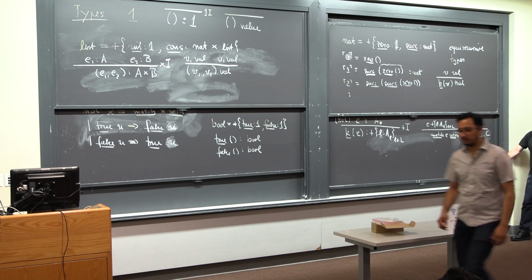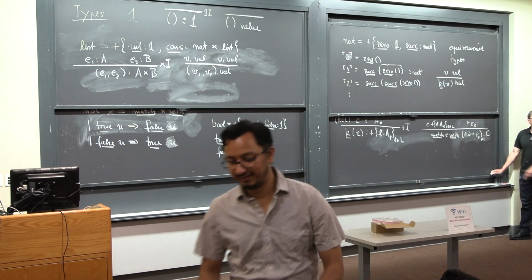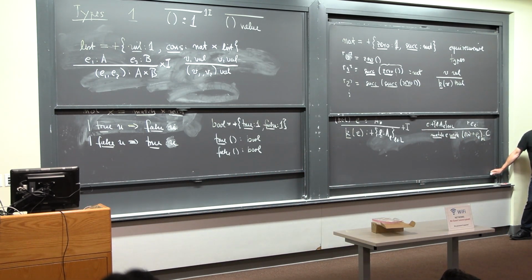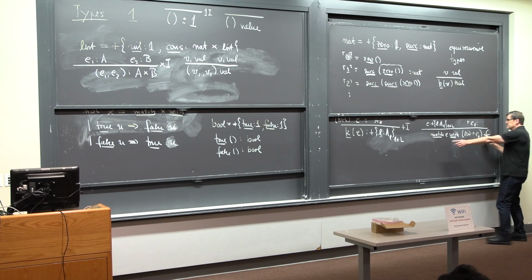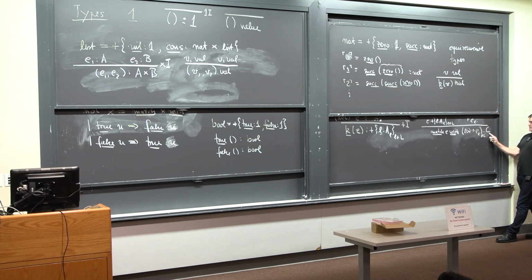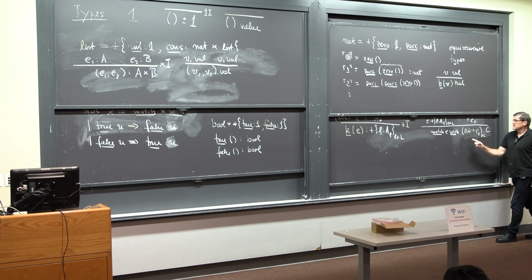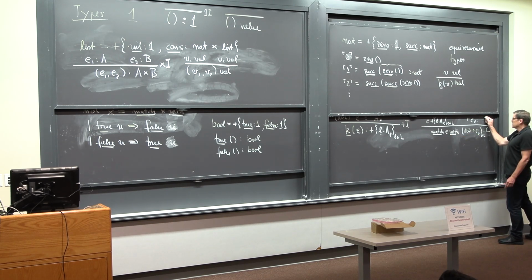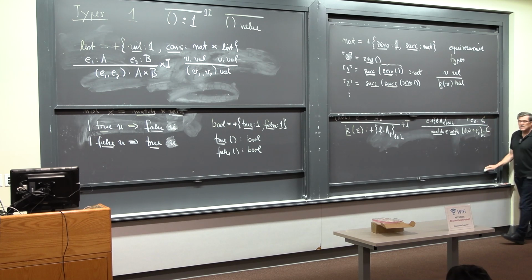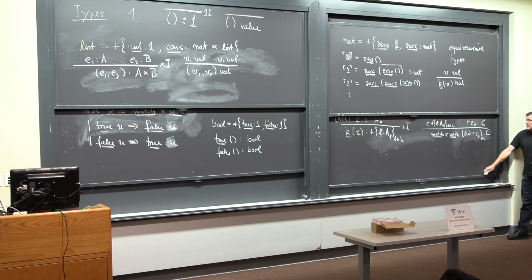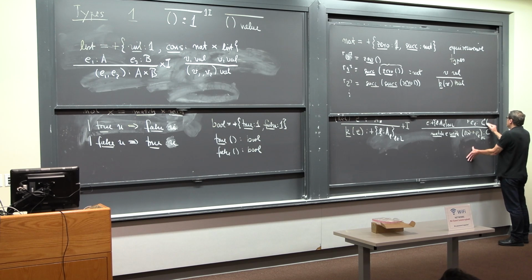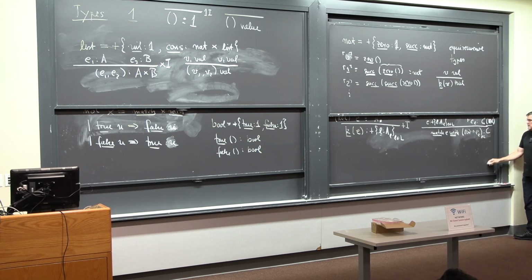So no matter which branch will be taken, I should get something of the same type as the output. When I run this program, I want to get a result of type C. I don't know what E will be, so no matter which branch is chosen, I always want to get something of type C. And I have to do this for all L in the index set, because I need to check every single branch.